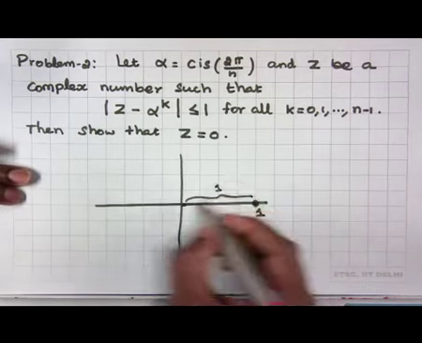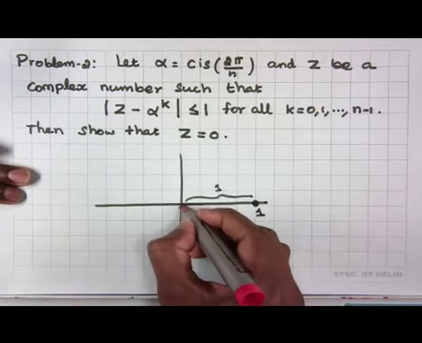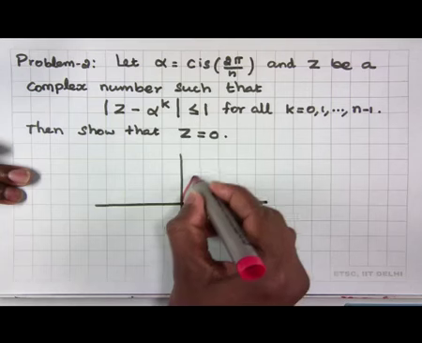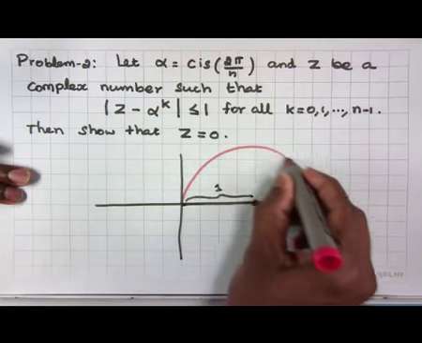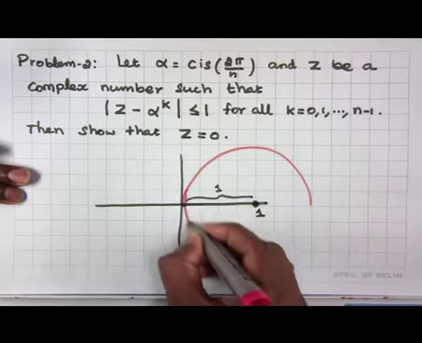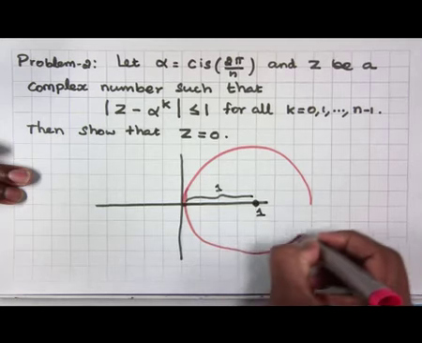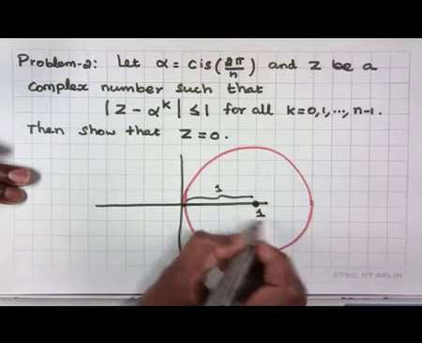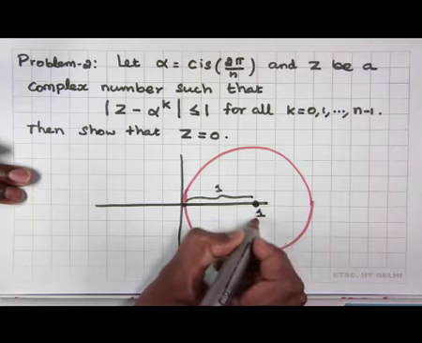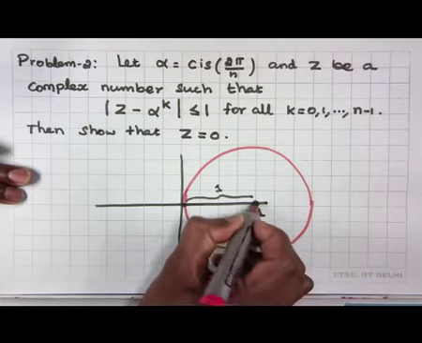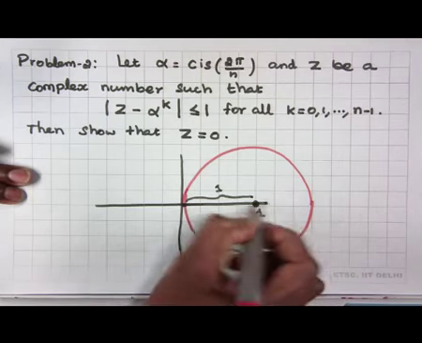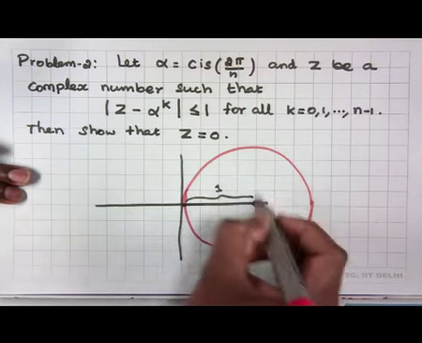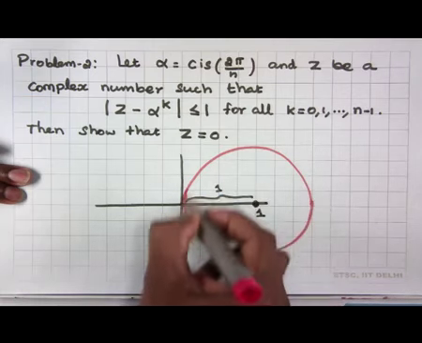Now, z lies inside, within the distance of 1 from the complex number 1. Okay. So, which means you trace the length 1 from 1, then we get this circle.